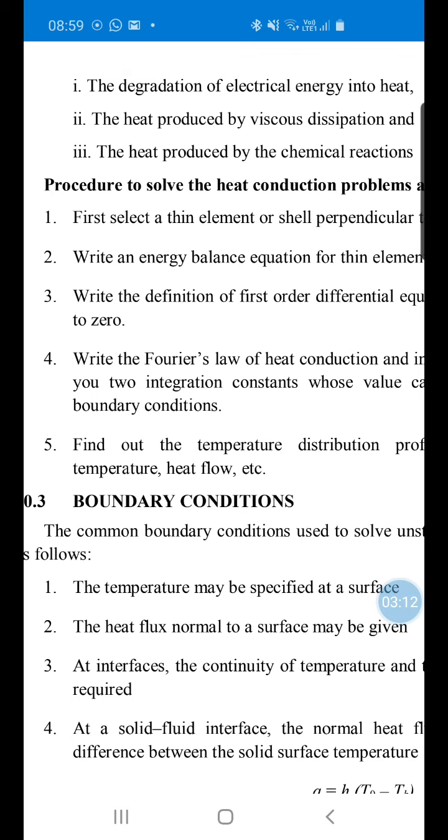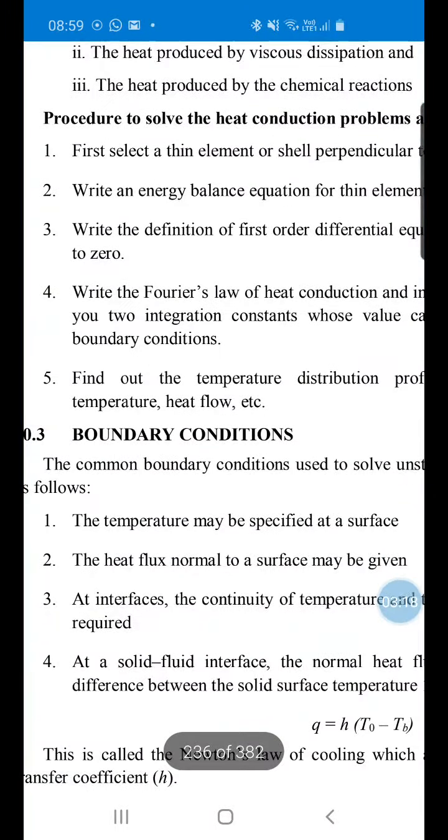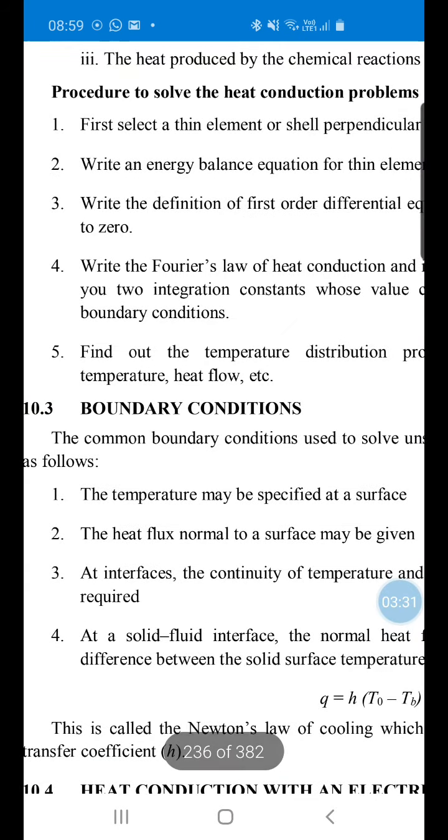First of all, you have to select the thin element or the shell which is perpendicular to the direction of the heat flow. Write down the energy balance equation over the thin element. Then consider the definition of the first order differential equation for heat fluxes and let delta x tend to 0. You will get the first order differential equation.